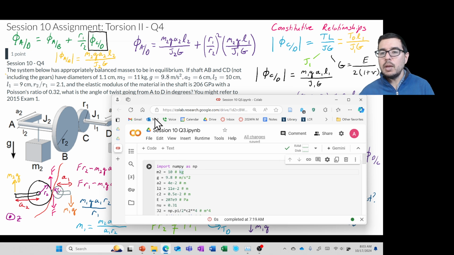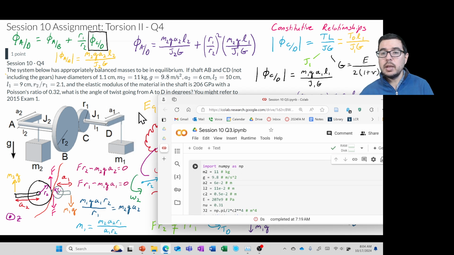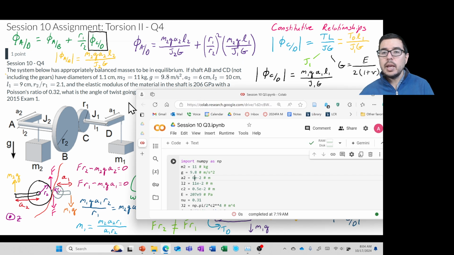We have M2, which is 11 kilograms, so let's change that. I don't have an M1, and in fact, my final solution doesn't have an M1 either, because we've done some solving. Gravity is still that. A2 is equal to 6 centimeters, so we'll change that. Notice I also was able to eliminate the need to know what A1 is from my equation. So I have an A2, but I don't have an A1.